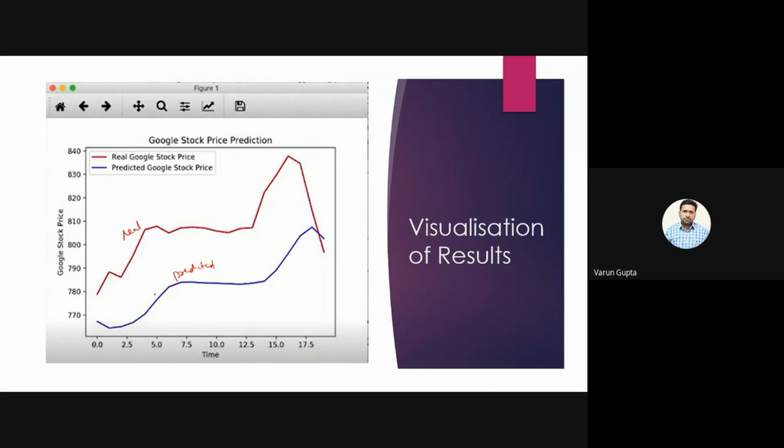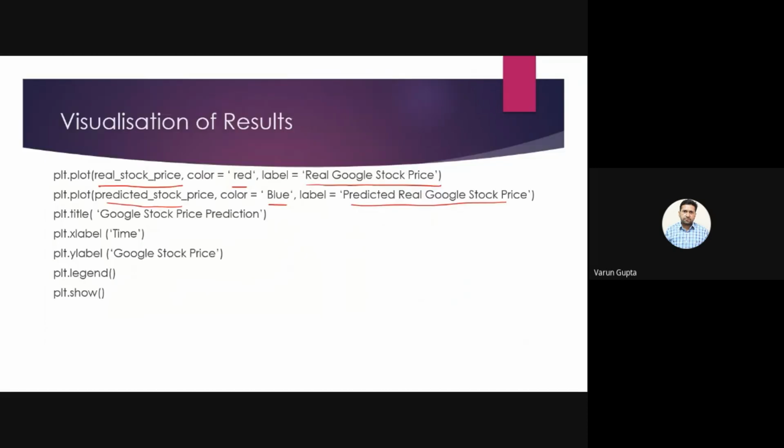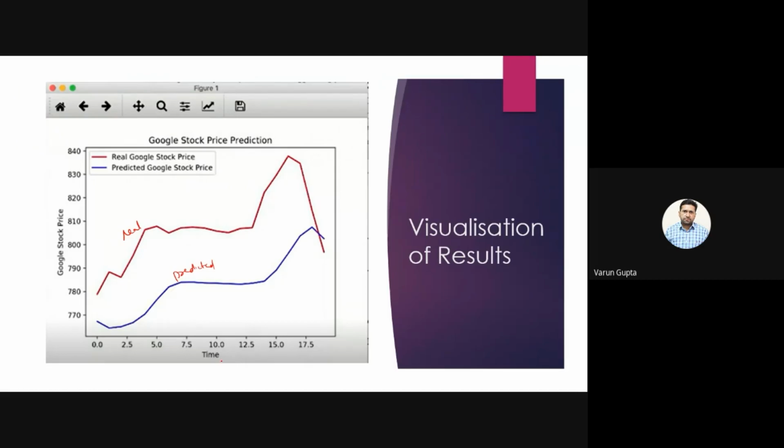You can see that it has learned the trend, although it is not as close, which is not possible, but it has learned the trend. If it is going up, it is also going up. So it is doing a good job. And you are labeling the X label as time and the Y label as Google stock price, and these are the legends.